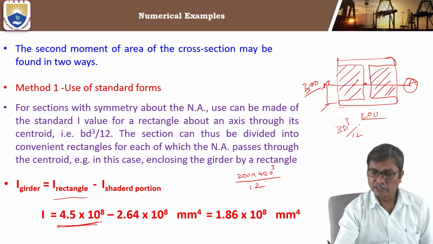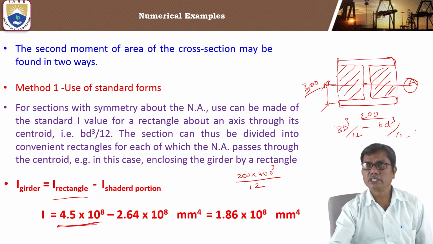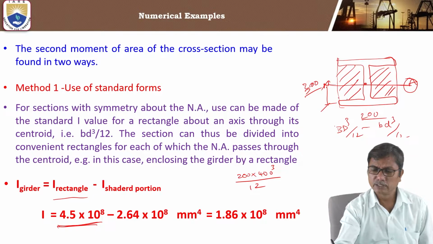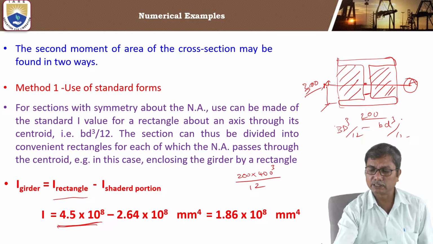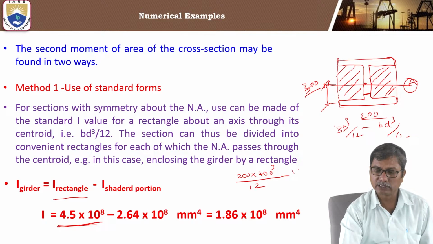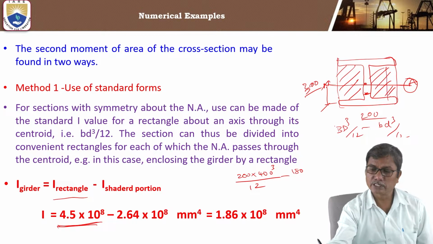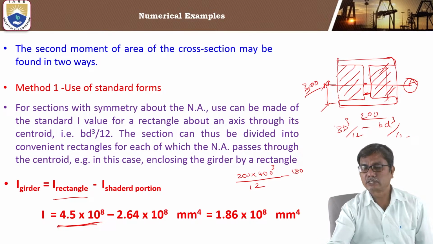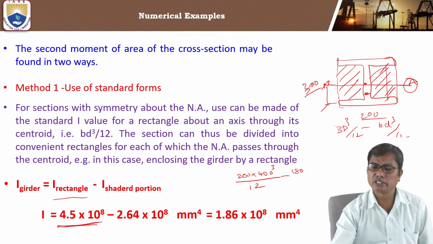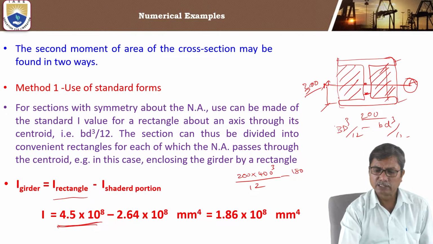And minus small b d cube by 12, where small b is the width of the shaded portion, which is 200 minus web width, that is 20. What is that value? It is 180. And small d is the height of the shaded portion, which is 300 minus 2 times the flange thickness, which is 260.